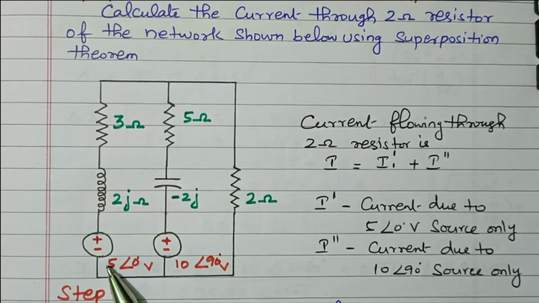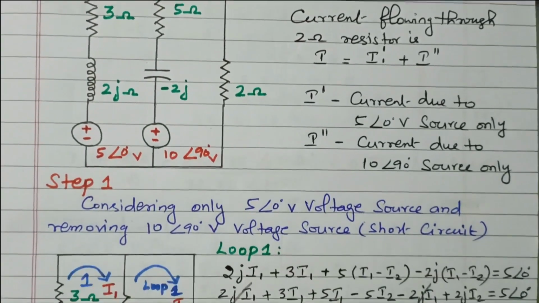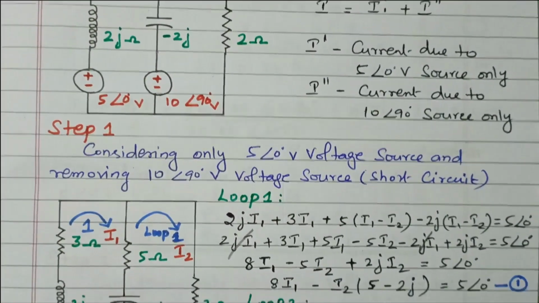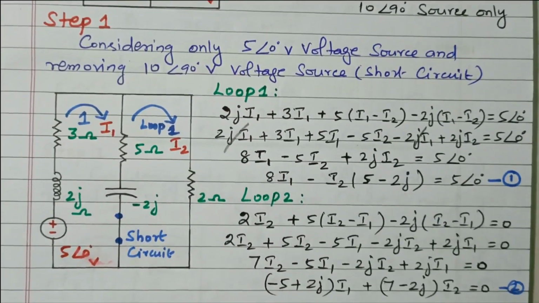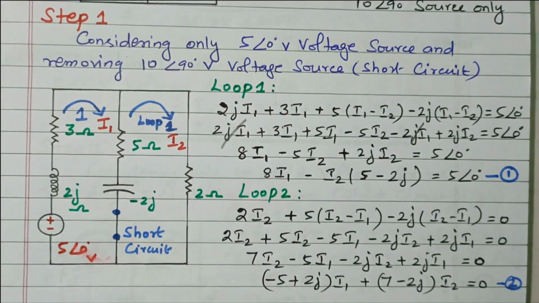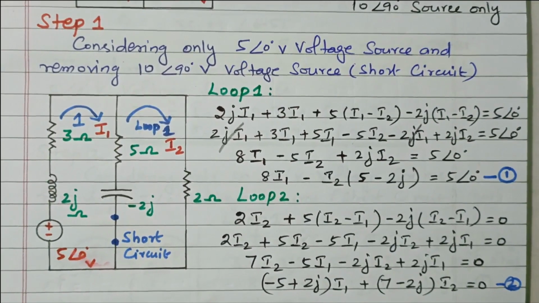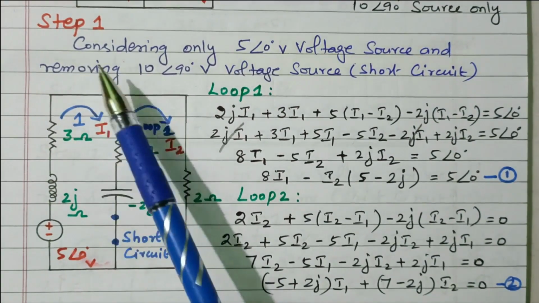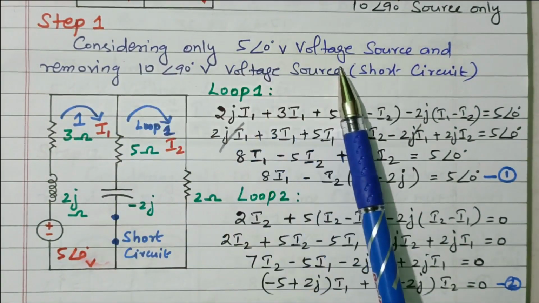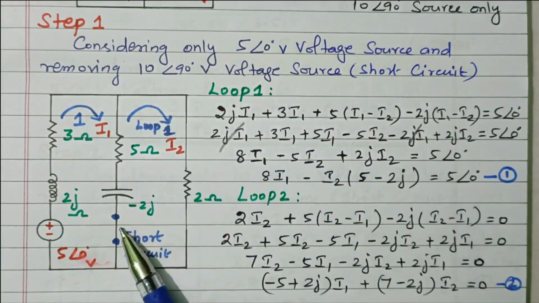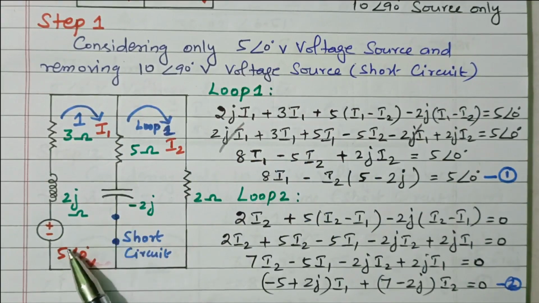Now we'll go to step 1, considering only the 5 volt source and removing the 10 volt source, that is short circuited. Only the 5 volt source is available.